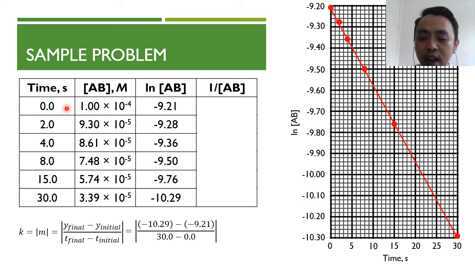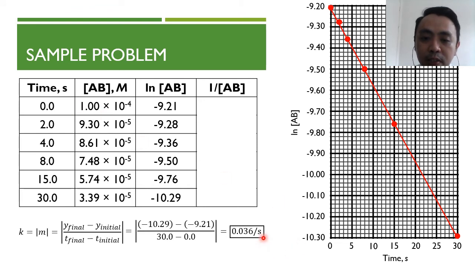After plugging into your calculator, the value of K should be negative 0.036 per second, but since we are taking only the absolute value, we disregard the negative sign, so K is equal to 0.036 per second.